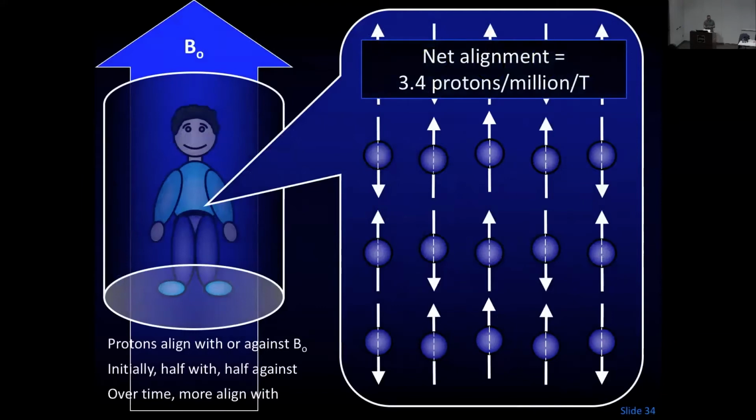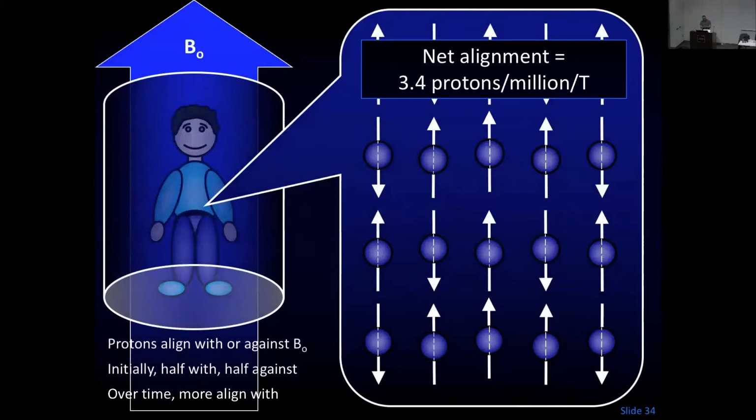Oh, but before we talk about why it happens, let me just explain that if we allow this patient to be in that magnetic field for an infinite amount of time, we will have a net alignment of 3.4 protons per million per Tesla. So what does that mean? That means that if you put someone in a 1 Tesla magnet, then eventually, for every 1 million protons they have, there'll be 3.4 protons of net alignment.